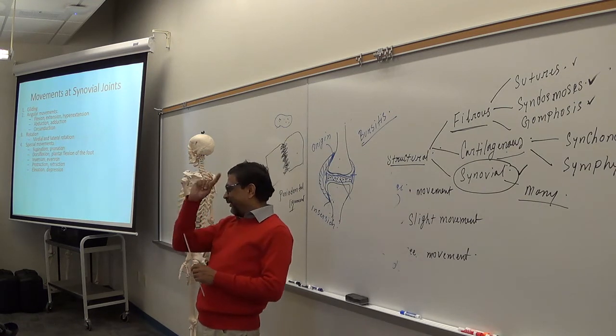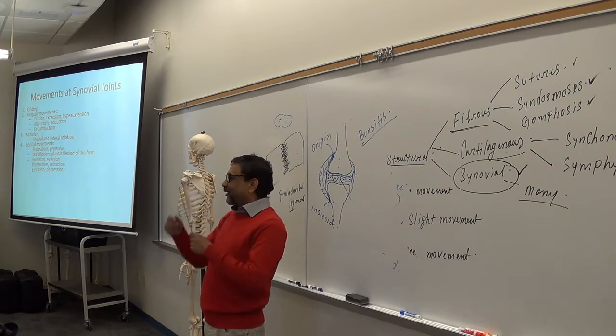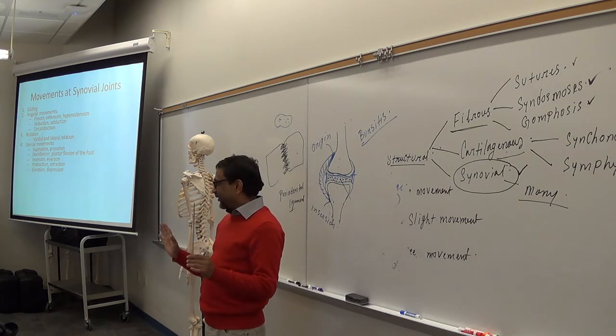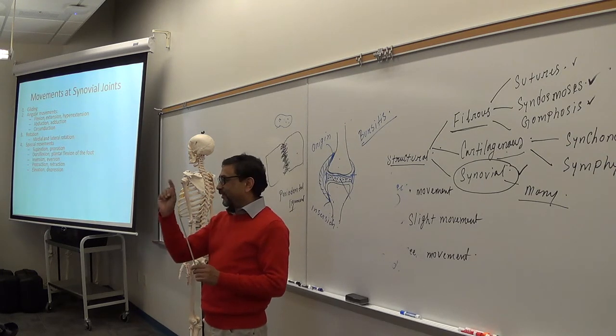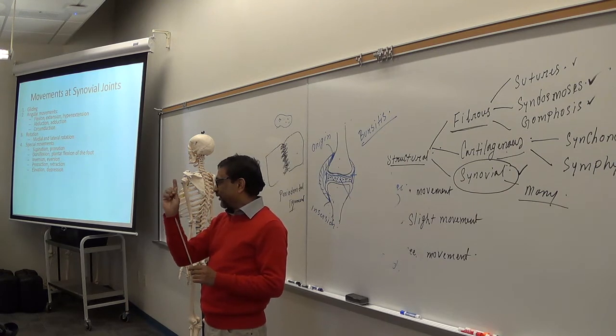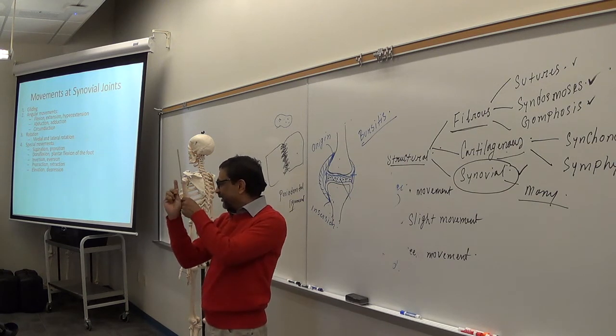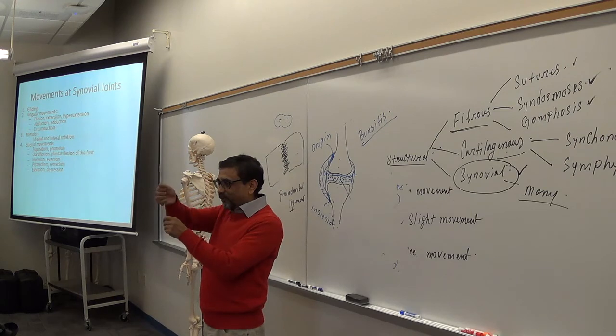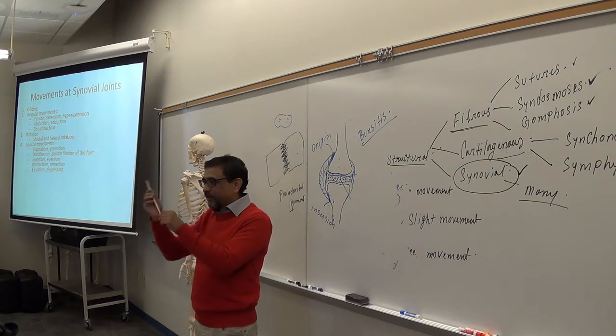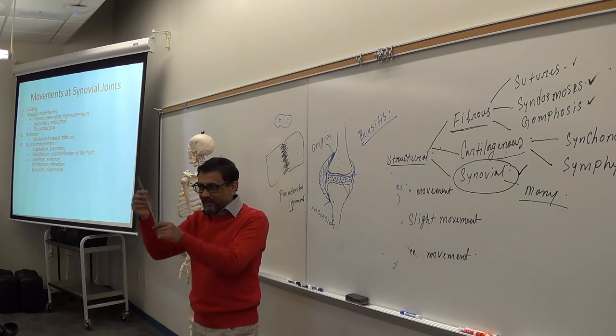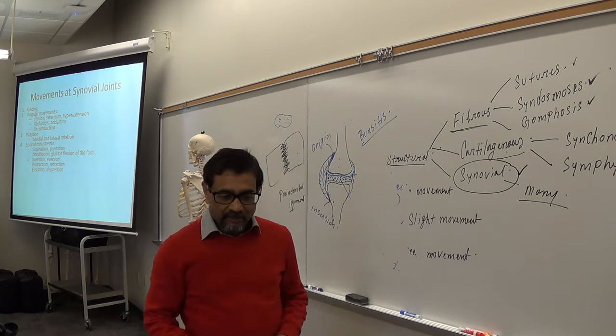Circumduction, circle, right? Like this. But this is rotation. Got the difference? So circumduction is like this, right? Rotation is, axis is not changing, staying the same. So you see, this is the axis, this is rotation. Okay? Axis will not change. In circumduction, it is changing, right? So that is the difference.